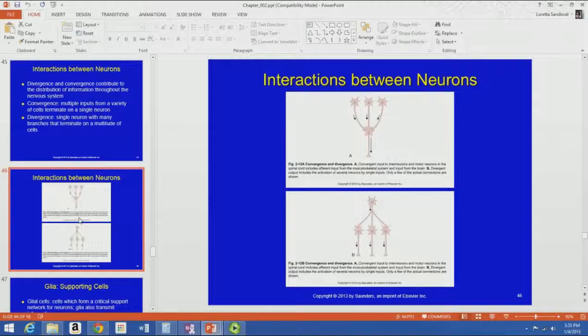So those could all be 3 separate pathways. They're going to do 3 separate things. And that's just a little bit about how those different types of neurons interact with each other. Okay, so I'm going to wrap this up, and next time we're going to talk about the glia, or the supporting cells of the nervous system.